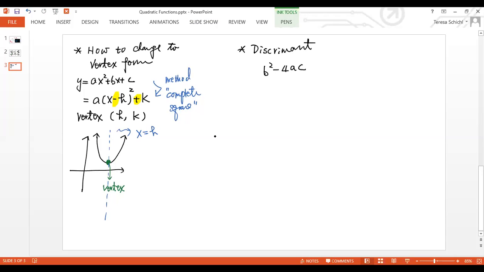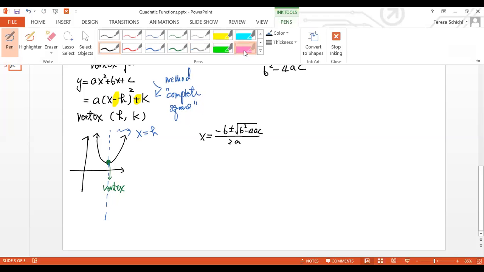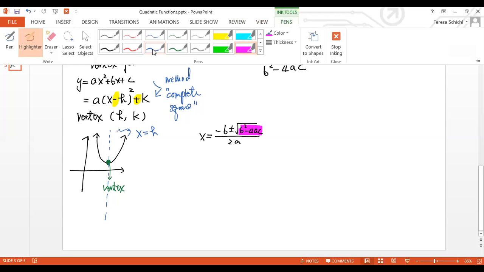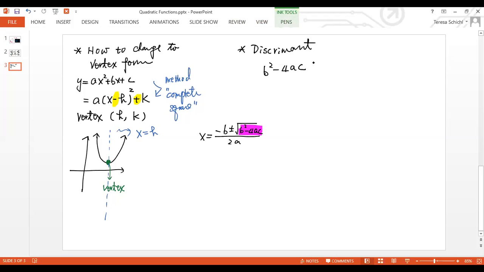You do remember from the previous page, the quadratic formula tells you x equals negative b plus minus the square root of b squared minus 4ac, over 2a. So you know the b squared minus 4ac is inside the square root. So let's say if they tell you this is the discriminant, and it is greater than 0, that means I'm going to find 2 real roots.